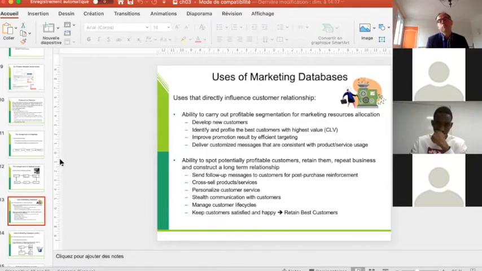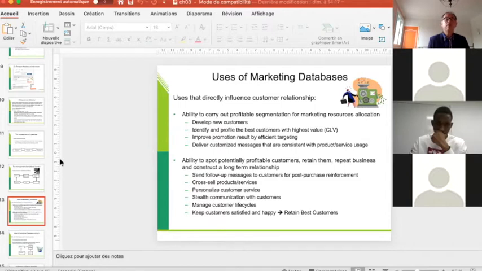After delivery, you get another satisfaction survey to measure if the customer is satisfied with the delivery. And after a couple of weeks, you send another email to see if the customer is satisfied with the product. By monitoring the satisfaction over the different touch points, you can increase post-purchase reinforcement and loyalty.